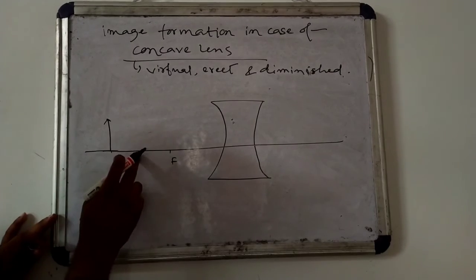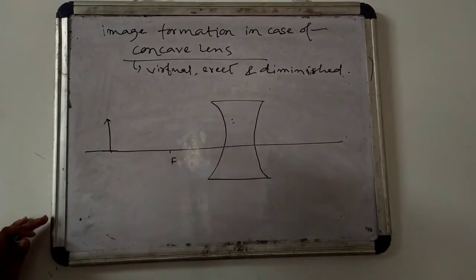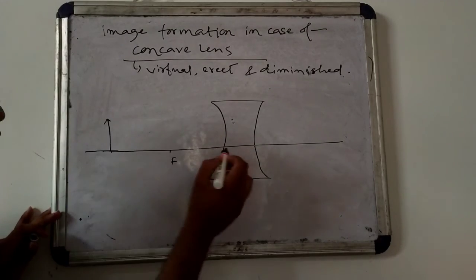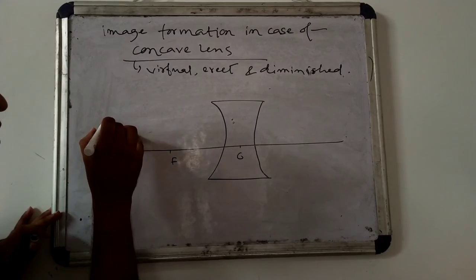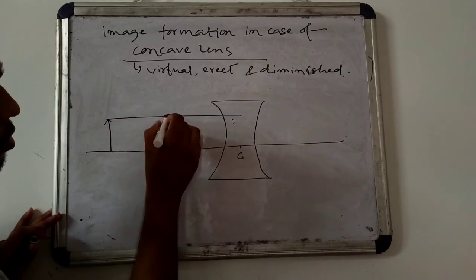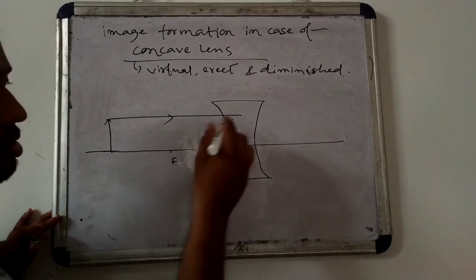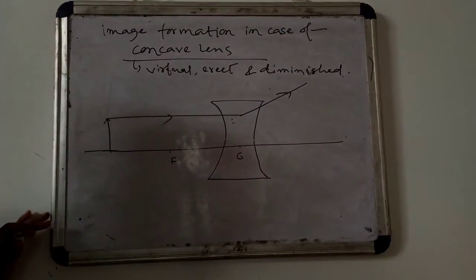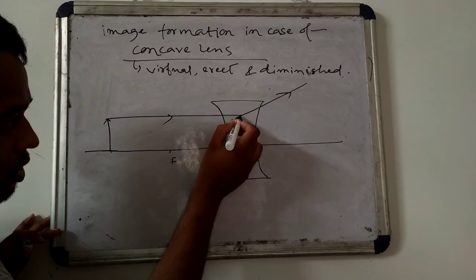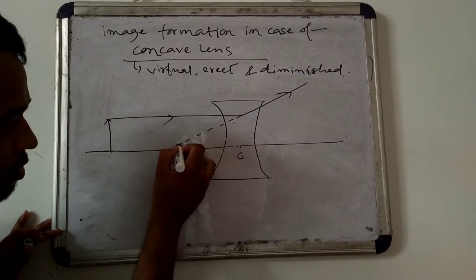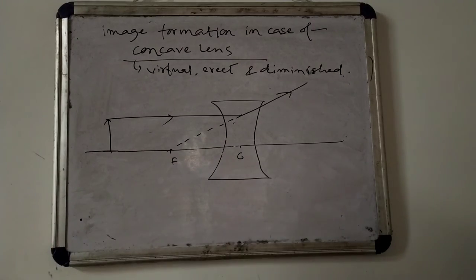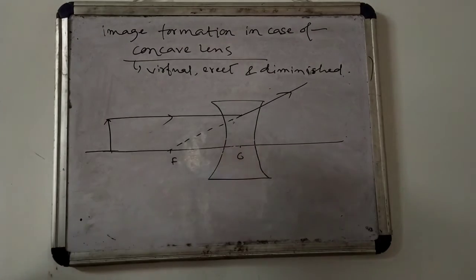We can take it here also, here also, no problem. Always we will get the same kind of image. So here this is optical center. Here also we have to take two rays. One is parallel to the principal axis, which will diverge like this. So after refraction it appears to pass through the focus. It will not actually pass through the focus, but it will appear that it is coming from the focus.